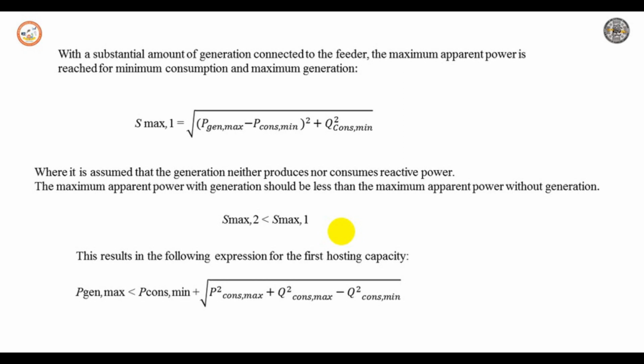Here S maximum 1 represents the maximum apparent power with the generation, and S maximum 2 is the maximum apparent power without generation. From this equation we can state that the maximum apparent power with the generation should always be less than the maximum apparent power without generation.